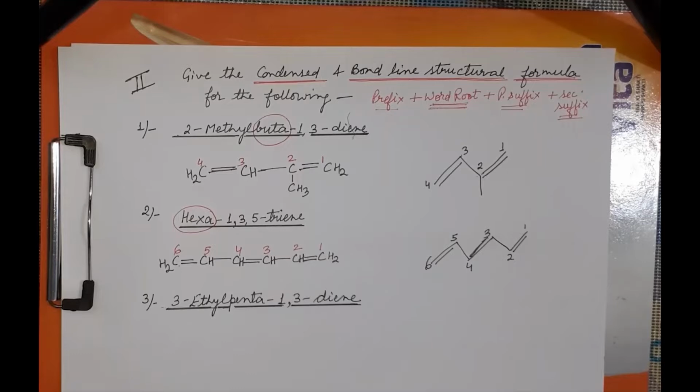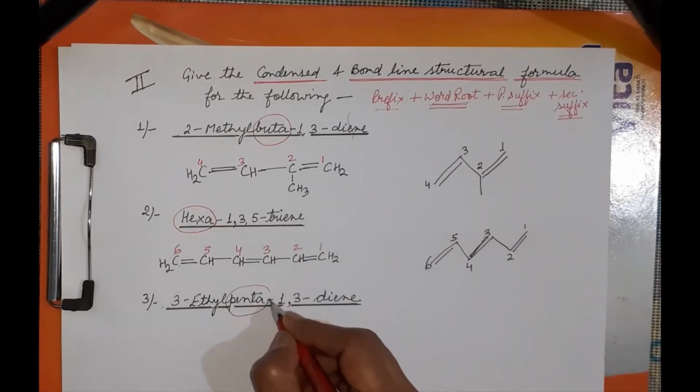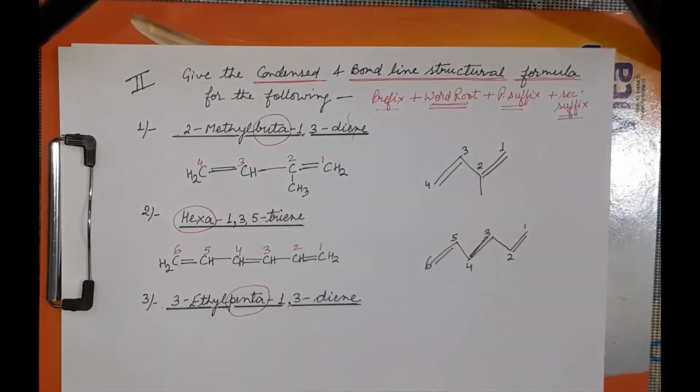So now moving on to the next example. 3-ethylpenta-1,3-diene. So 3-ethyl, this is a substituent. And this penta is the parent chain. Parent chain having the 5 carbon atoms.